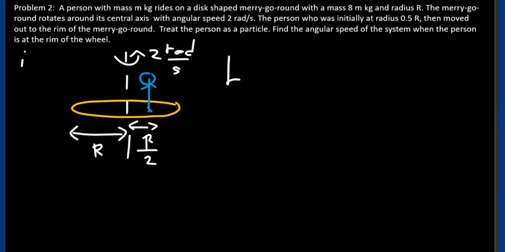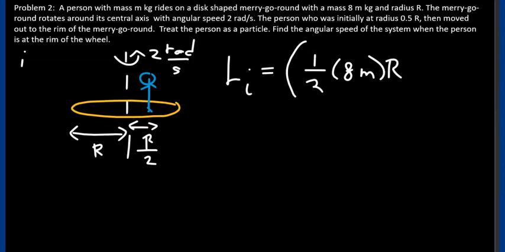So let's calculate the initial angular momentum of the system. The moment of inertia of the system consists of the moment of inertia of the wheel, which is given by half times the mass of the wheel, which is 8m, times the square of the radius, and then you have to add the moment of inertia of this person.